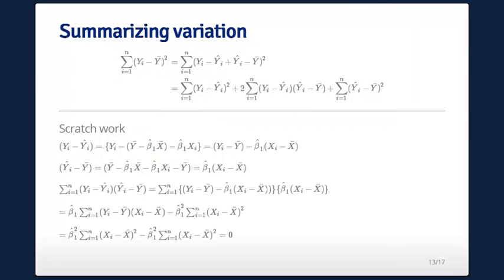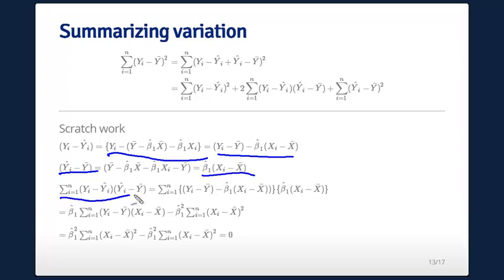I'm going to get rid of some of those annotations so we can see, and collect all these terms, and you wind up with yi minus y bar minus beta 1 hat times xi minus x bar. That's a nifty little simplification. Doing the same sort of thing for yi minus y bar, you wind up with beta 1 hat times xi minus x bar.